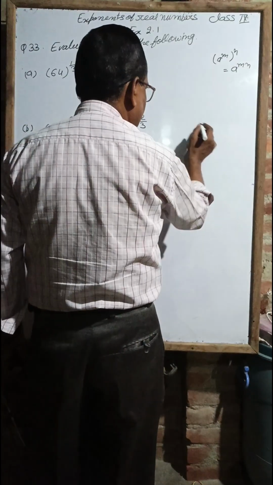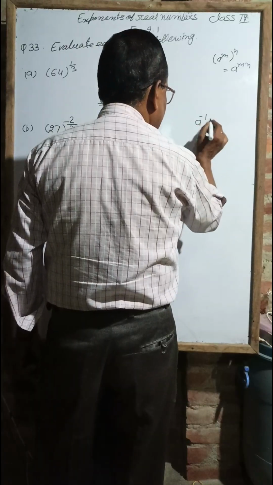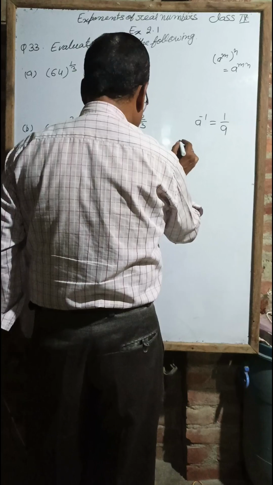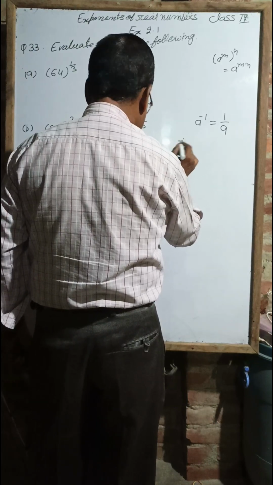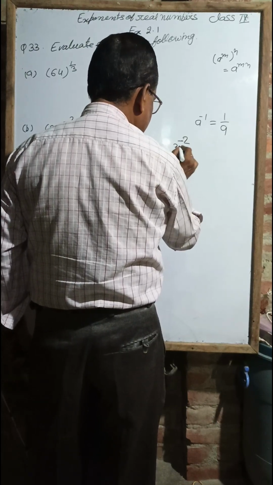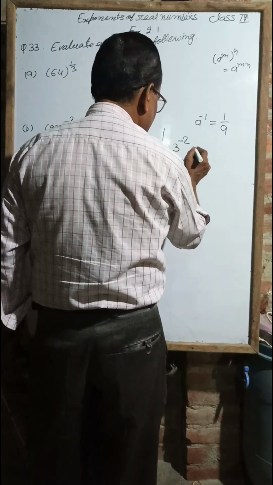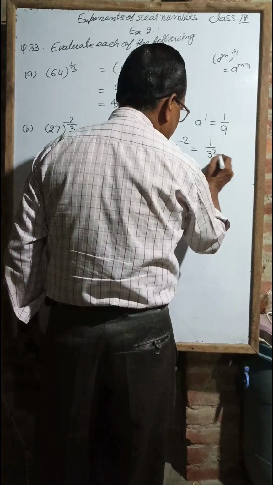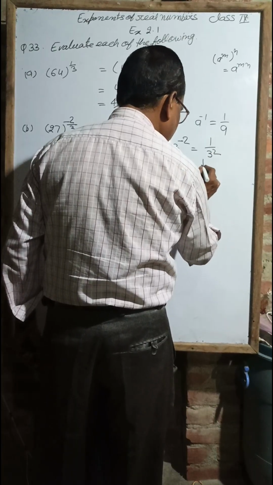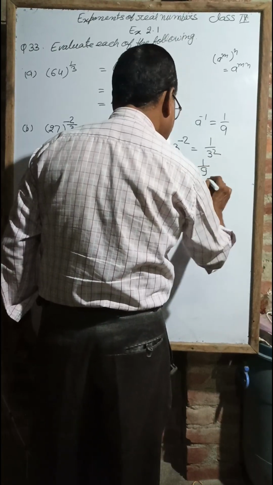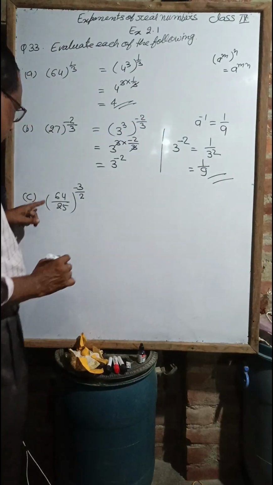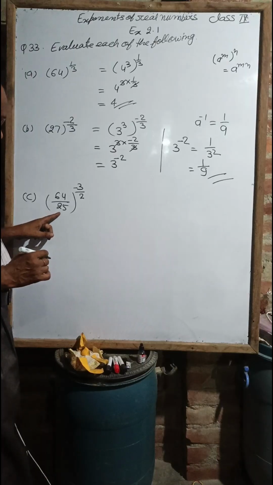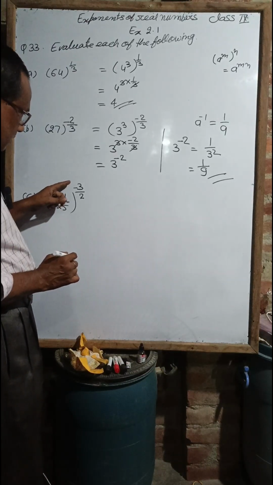The 3 cancels out, is equal to 3 raised to the power minus 2. And a inverse is equal to 1 upon a. So 3 raised to the power minus 2 is equal to 1 over 3 square, is equal to 1 over 9.